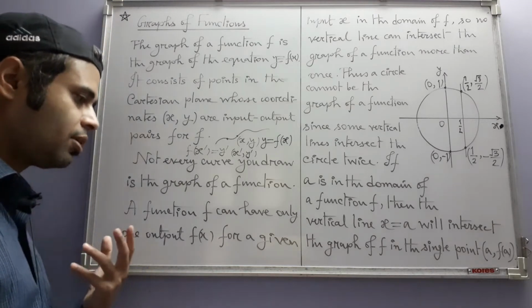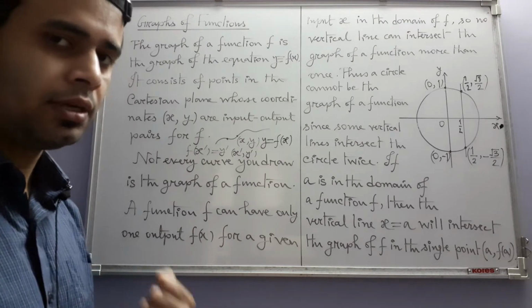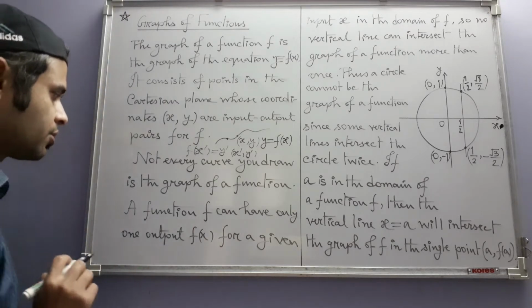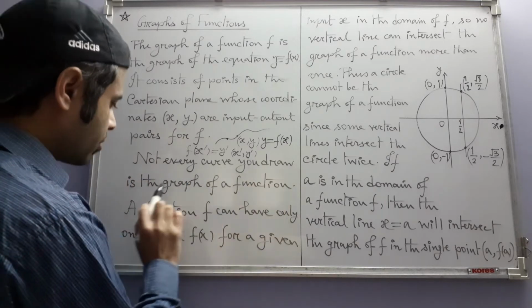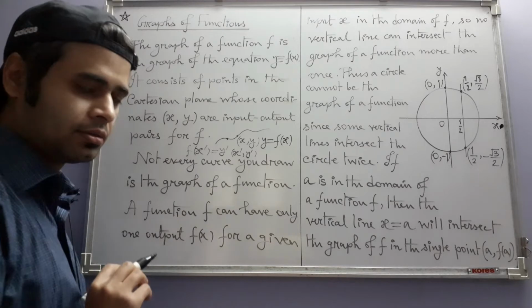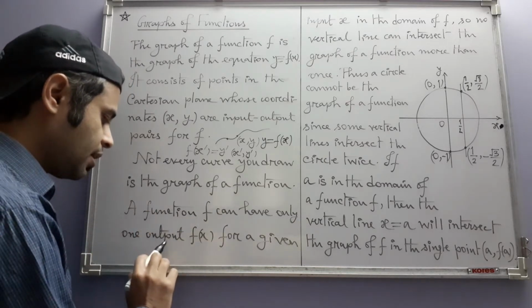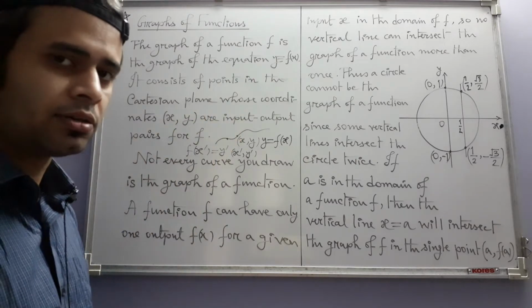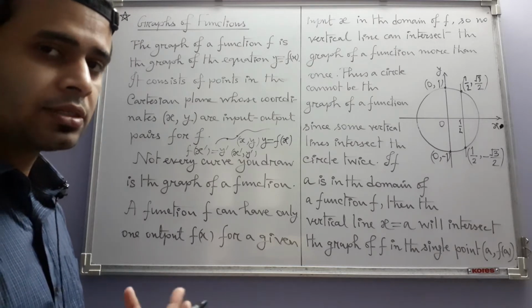Now we have already seen graphs of several different types of equations, but the thing that one should note is that not every curve you draw is the graph of a function. And the reason is this: a function f can have only one output for a given input x in the domain of f, because that is the uniqueness of the output.